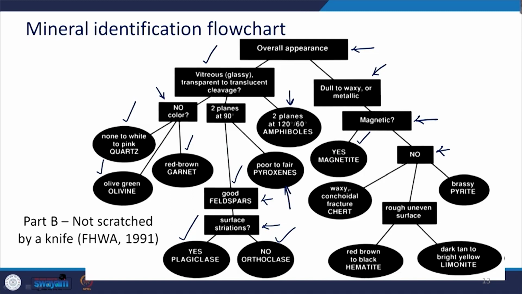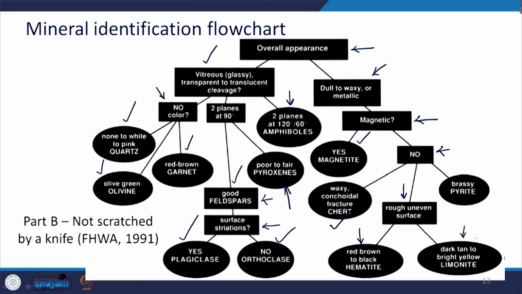So, again there are 3 branches. First one deals with waxy conchoidal fracture, then it is chert. Second one is rough uneven surface. So, again if it has rough uneven surface, then we have to take the help of the color of the mineral. If it is from red brown to black, it is hematite.